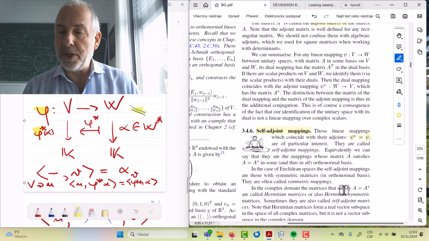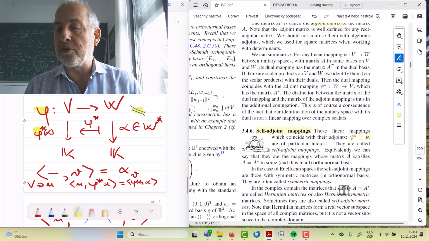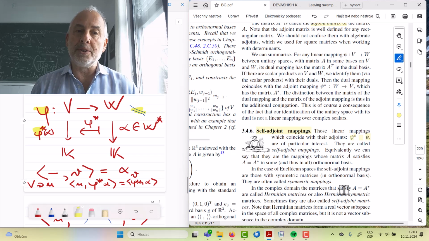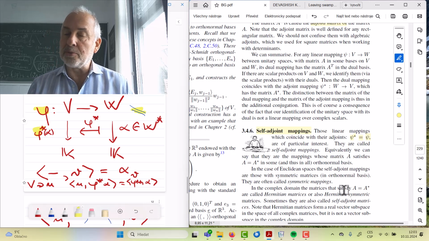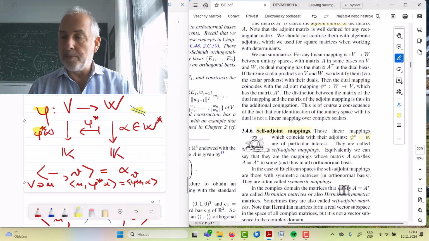Of course, here I was talking about a general mapping phi from V to W. Now when we are talking about self-adjointness, etc., then we have to restrict ourselves to automorphisms, right? So we are already talking about linear mappings from V to V.